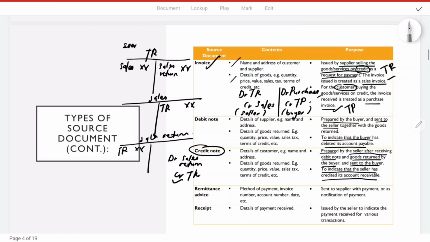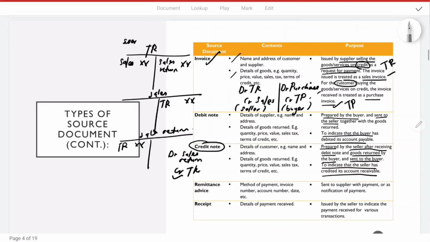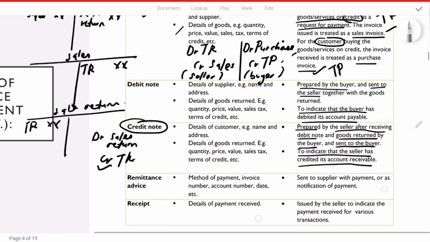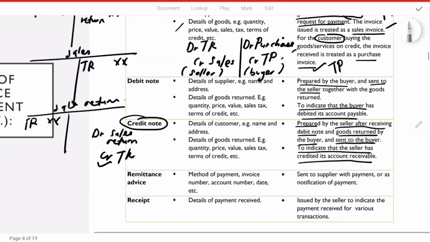And then we have remittance advice. Remittance advice is sent to the supplier with payment or as notification of payment. In the remittance advice, you may mention the method of payment, the invoice number, account number, date, and so on.